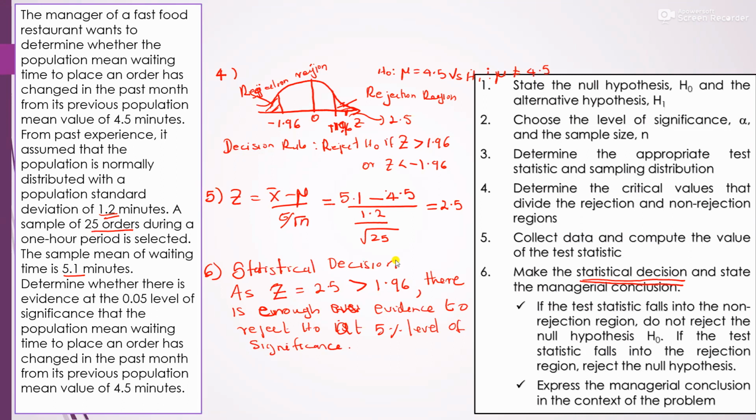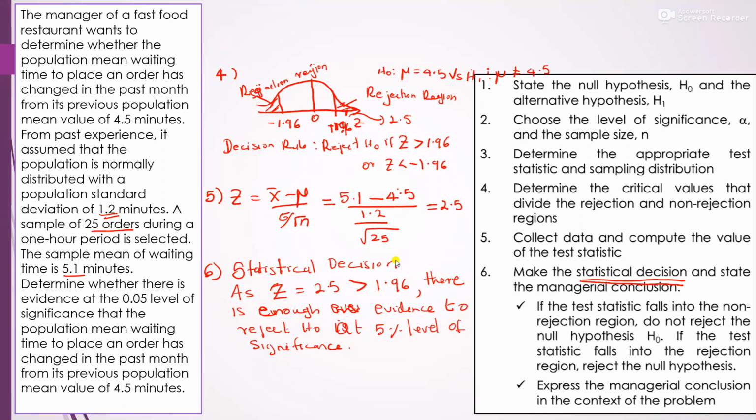So this says that the sample we collected is not possible to come from the population with mean value 4.5. What is the meaning of this? Reject H naught means this is the unlikely value.